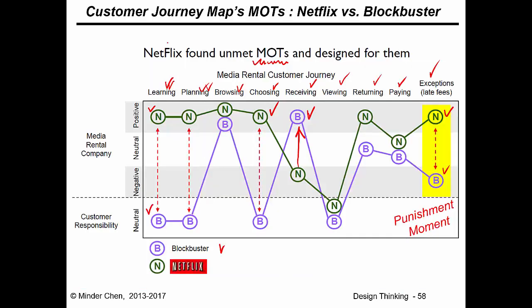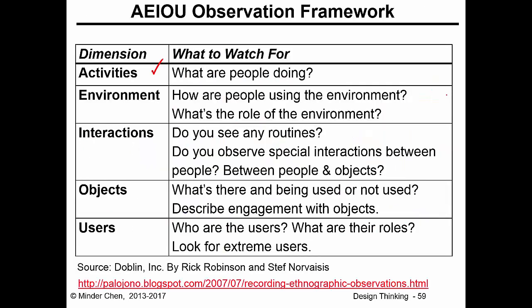If you look at the previous slide, this is the kind of activity they perform; then the environment, online or in the physical store; what they interact with, like a DVD movie or whatever; the interaction with the systems, the individual, the service provider; the objects, which in the previous example could be the physical DVD itself; and eventually the users.